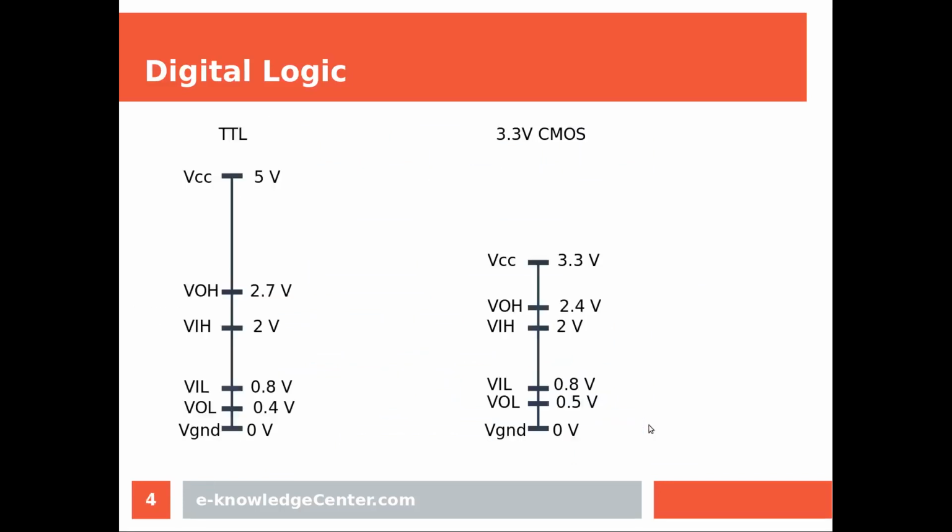As I've already said, in digital logic there are two states, high and low. Special voltage levels correspond to these states. I will be talking about two technologies, TTL and 3.3 volt CMOS.